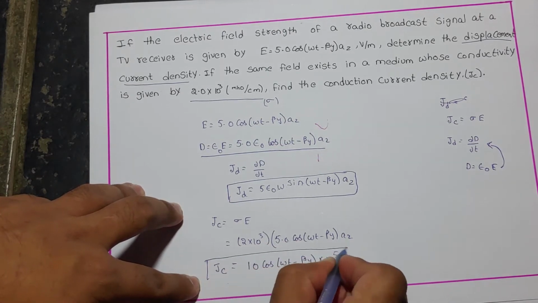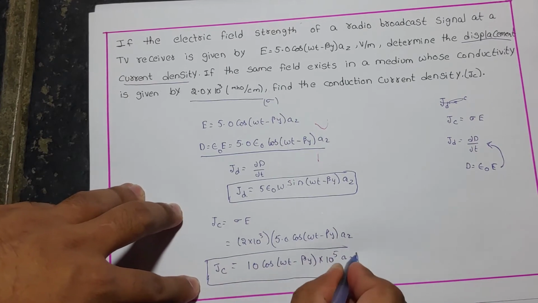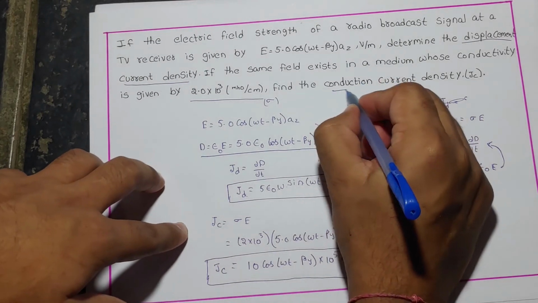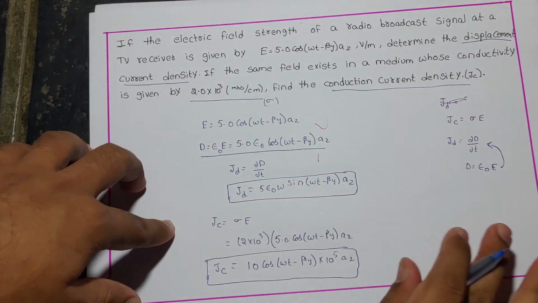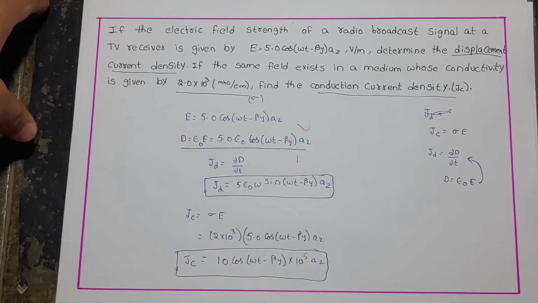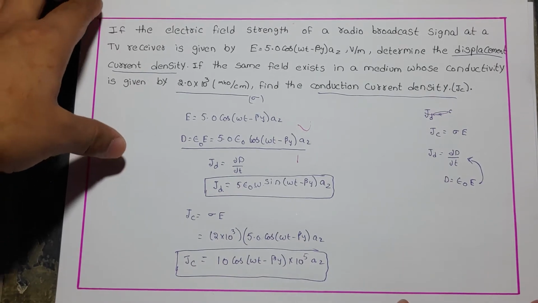So we have found our required terms, which is conduction current density and displacement current density, as per the question. In these problems, you need to read the question properly to get the answer very easily.